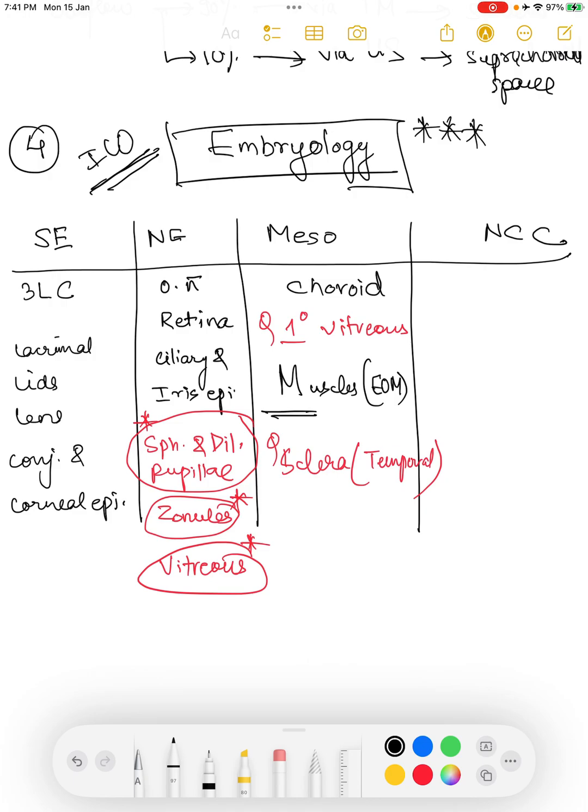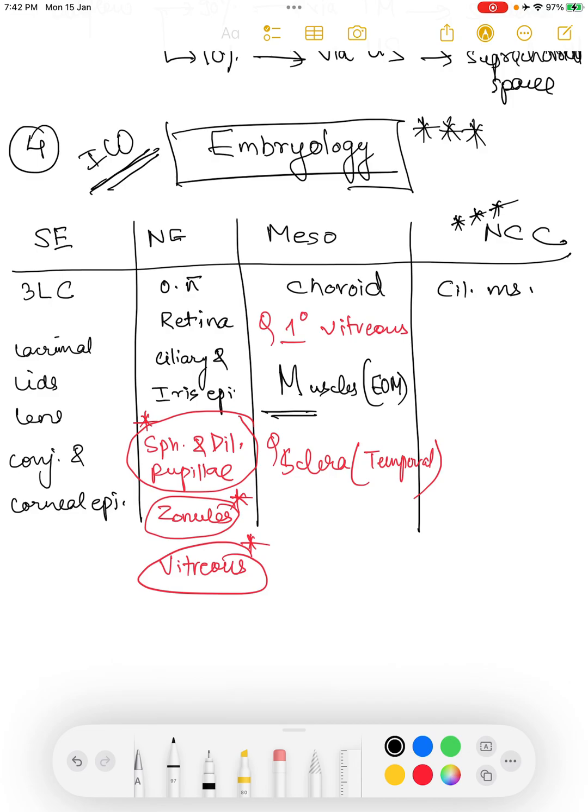And last but not the least, the NCC derivatives. I would suggest you remember the NCC derivatives, and the ones which are marked in red will be easier for you. Ciliary muscle.